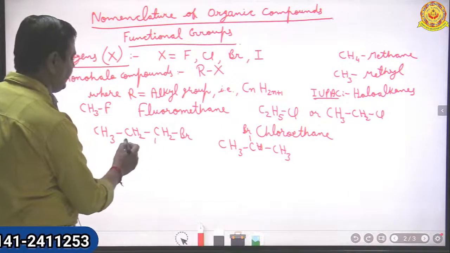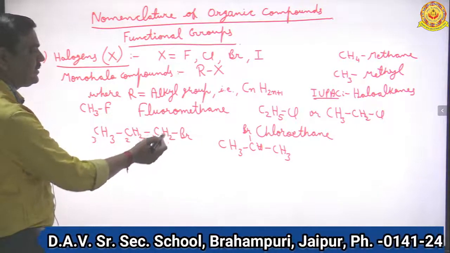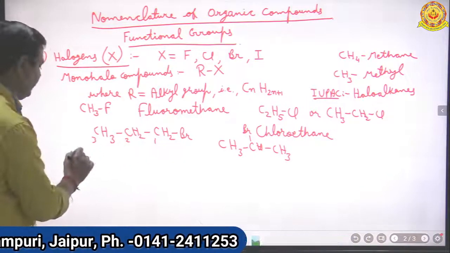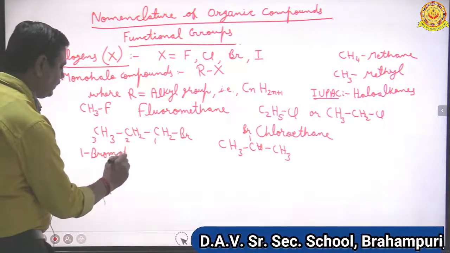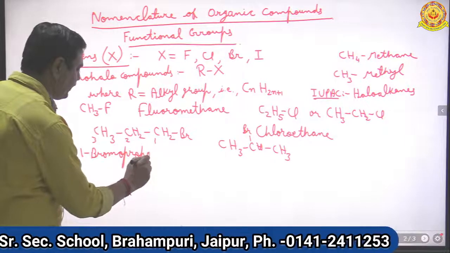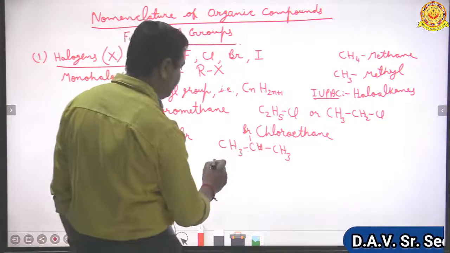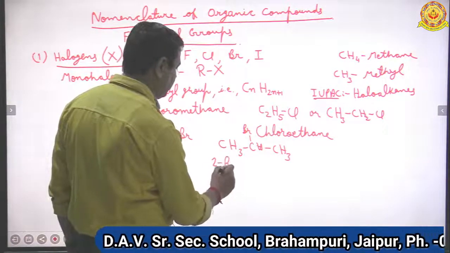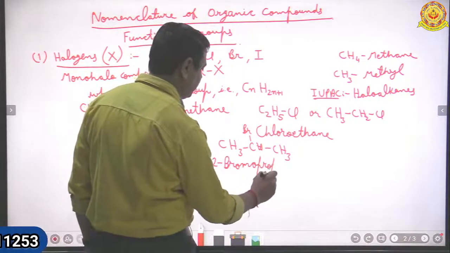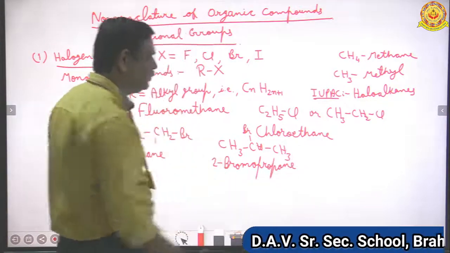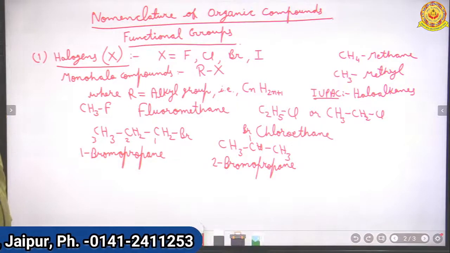Here we will number this chain from the side where the halogen is closer. So this will be named as 1-bromopropane, and this will be named as 2-bromopropane.